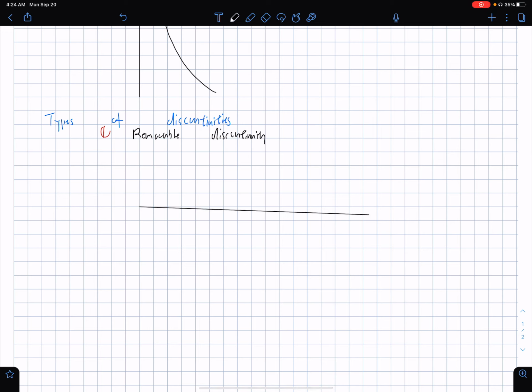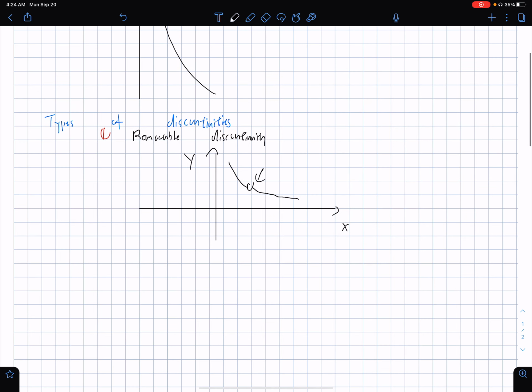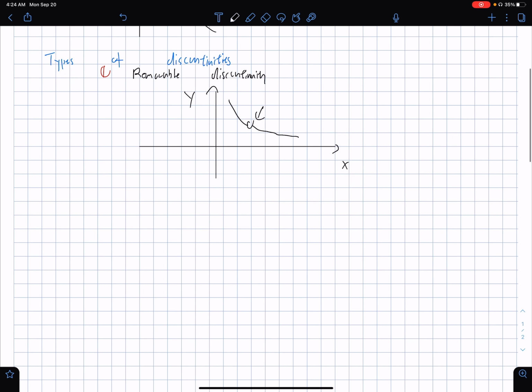Something like this would be a removable discontinuity. You can see there's a hole in the graph here, and the graph is not continuous.